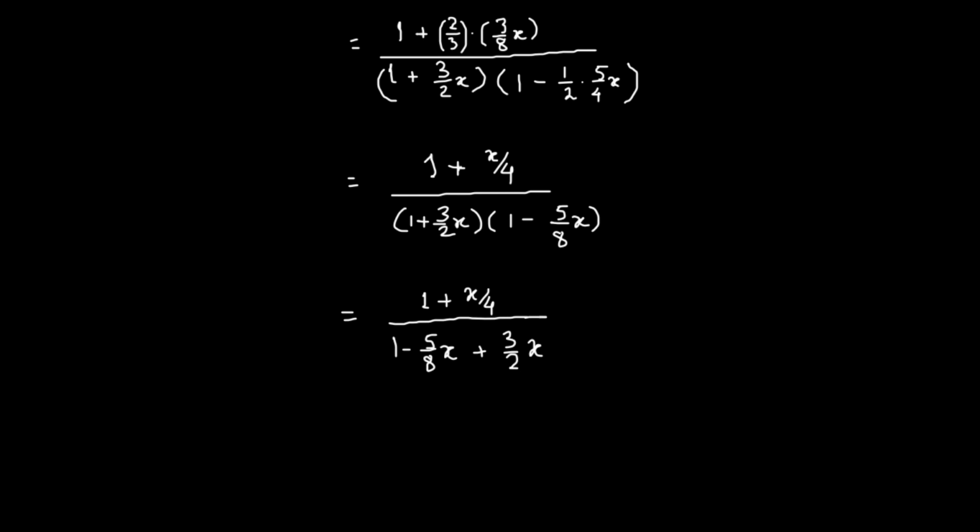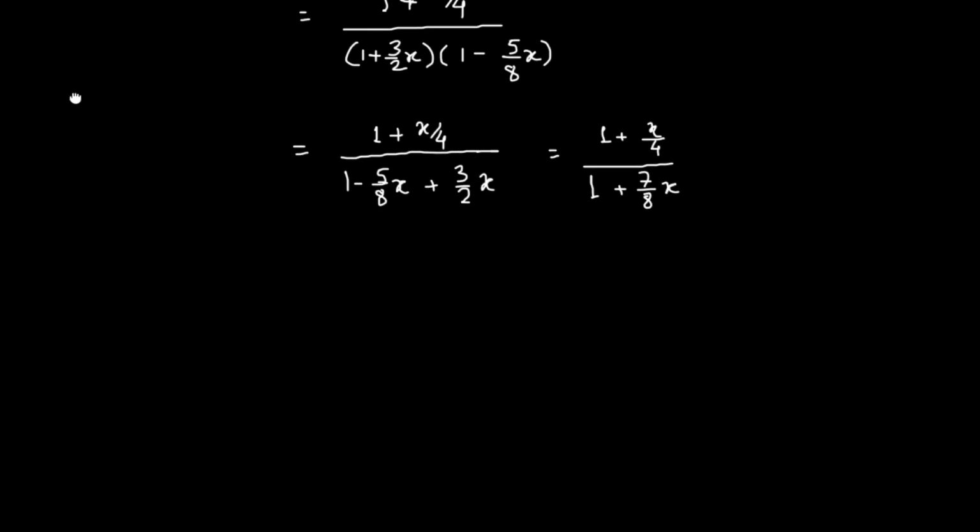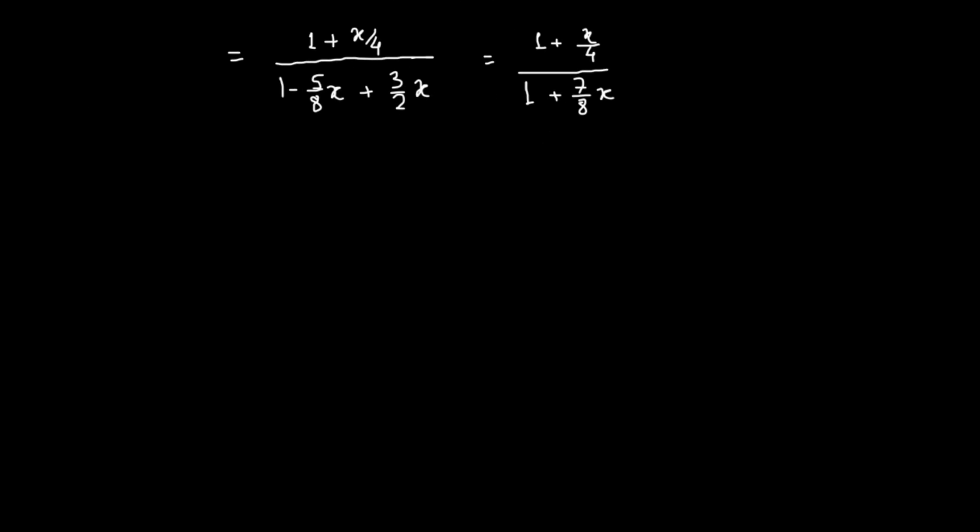So this should give us 1 plus x over 4 divided by 1 plus 7 over 8 x.